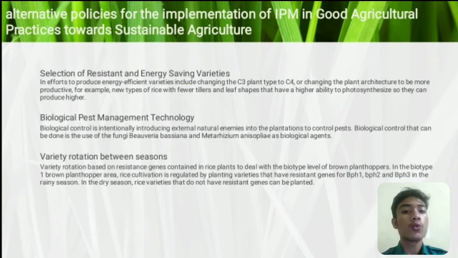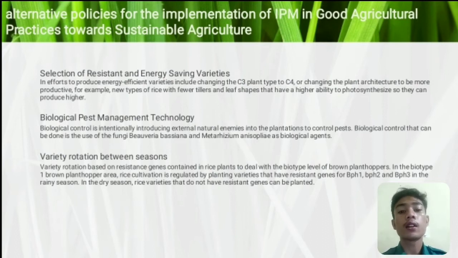In effort to produce energy efficient varieties include changing the C3 plant type to C4 or changing the plant architecture to be more productive. For example, new types of rice with fewer tillers and leaf shapes that have a higher ability to photosynthesize.